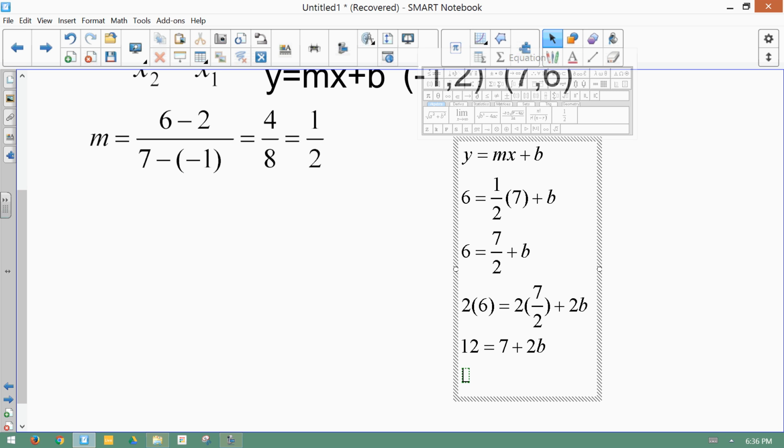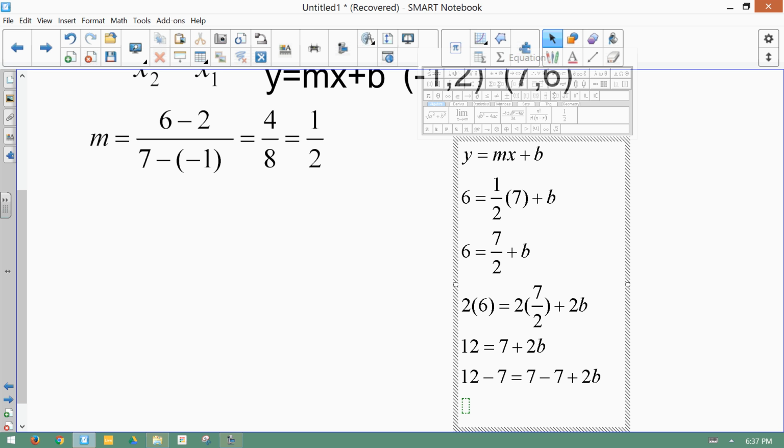Okay. And now we can just subtract 7 from both sides to get the b by itself. So let's do that. We're going to subtract 7 from both sides. All right. 12 minus 7, I'm doing it the long way, and 7 minus 7 plus 2b.